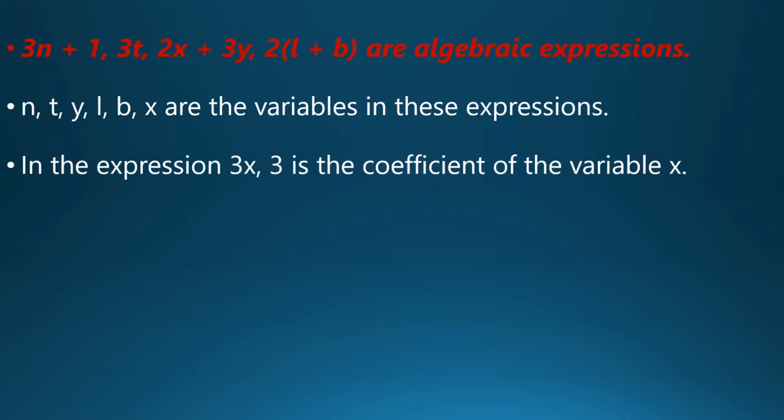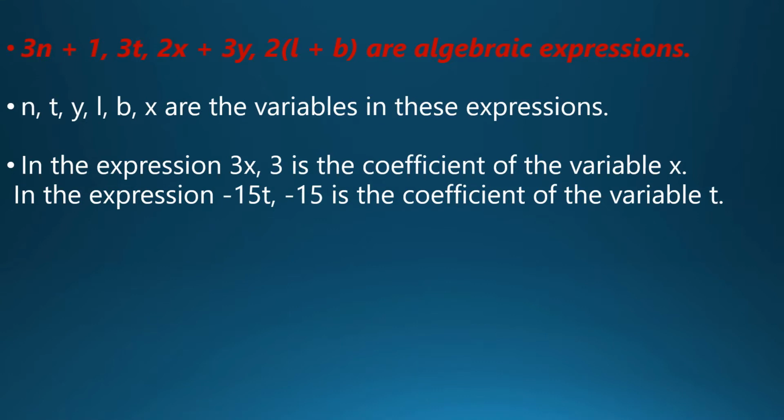In the expression 3x, 3 is the coefficient of the variable x. So 3 is the coefficient and x is the variable. In the expression minus 15t, minus 15 is the coefficient of the variable t.